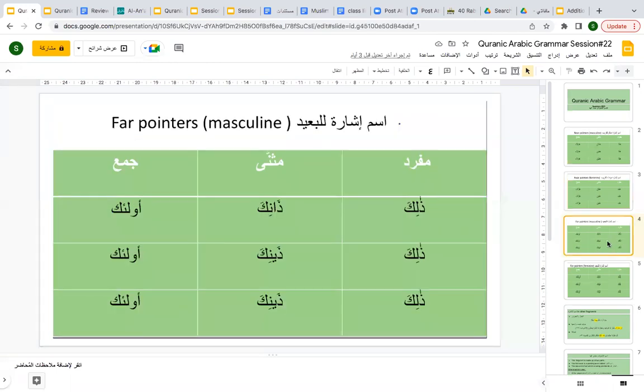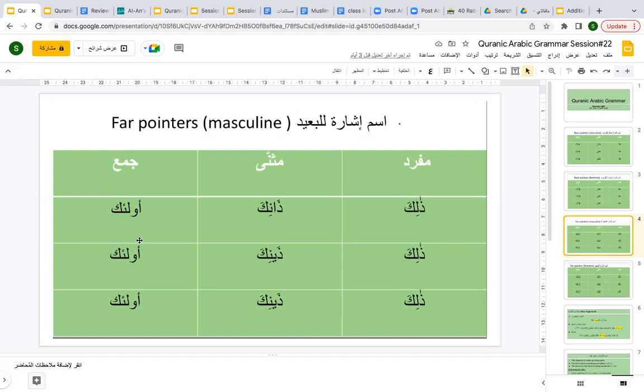Now your far pointers: zalika, zalika, zalika, zanika, zainika, zainika, ulaika, ulaika, ulaika. What do you see here? Zalika is the same, non-flexible, and the same in the ulaika form. They're all non-flexible. They're all proper.